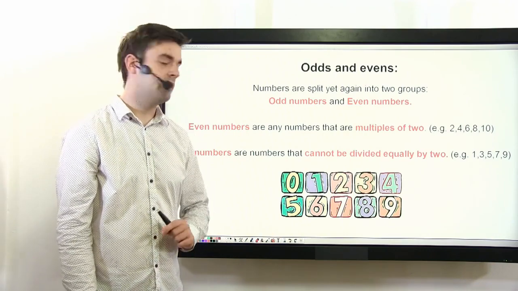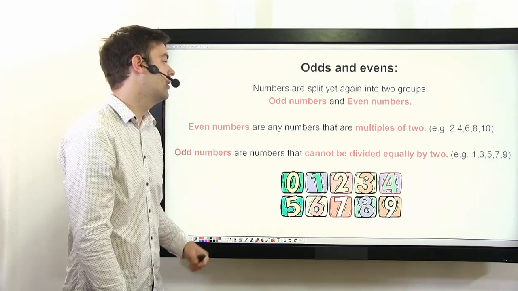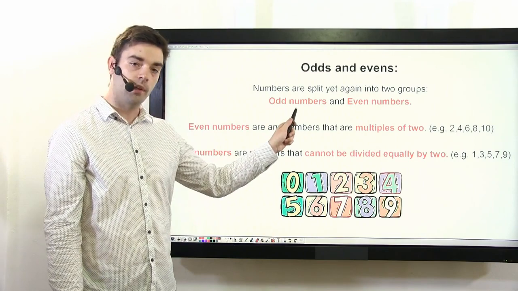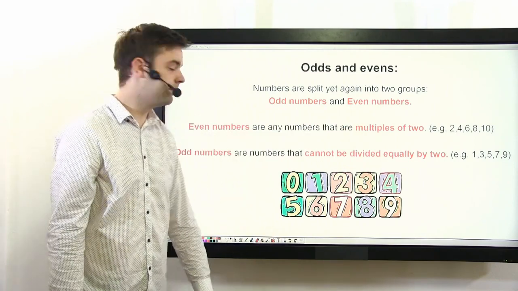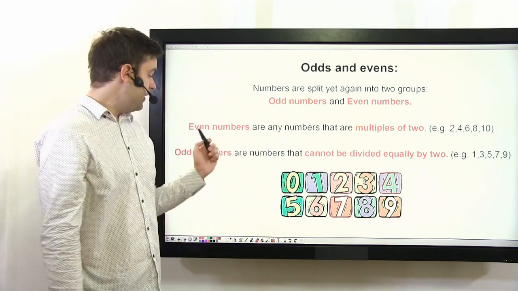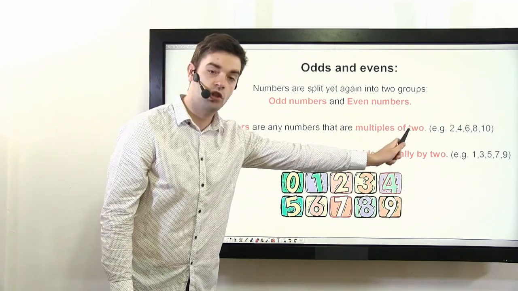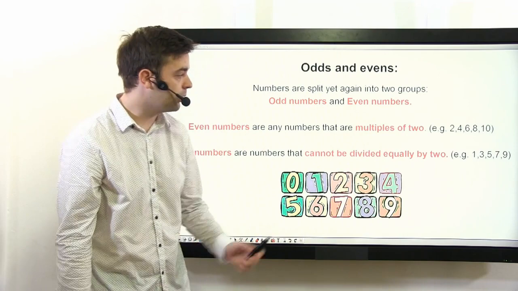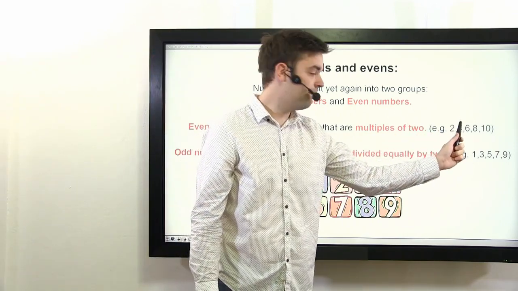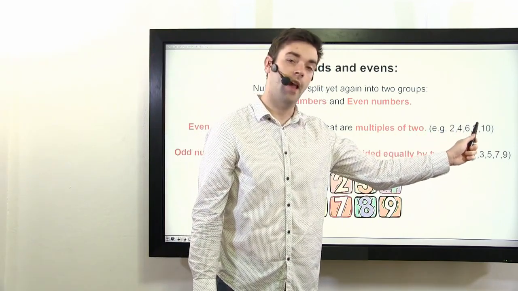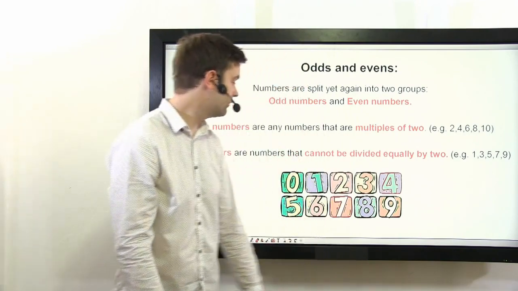Numbers are also split into two again. So we have odd numbers and even numbers. Even numbers are any numbers that are multiples of 2. So, for example, 2, 4, 6, 8, and 10.